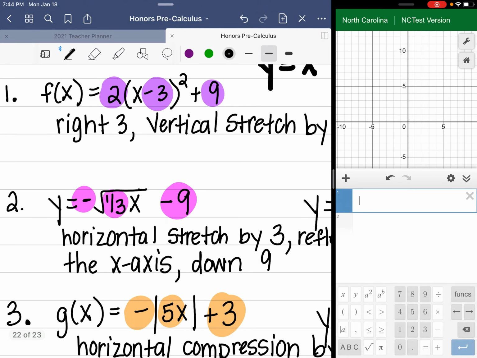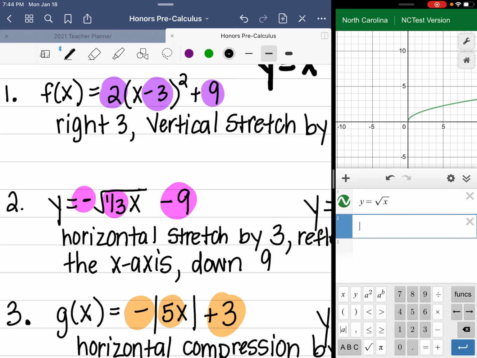All right, same thing here. So we have y equals the square root of x. That's my parent function. On the inside, we're going to do a horizontal stretch, so it's actually going to make it look bigger. So we're going to do the square root of 1/3 x.